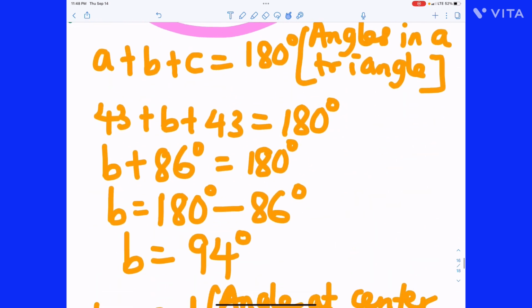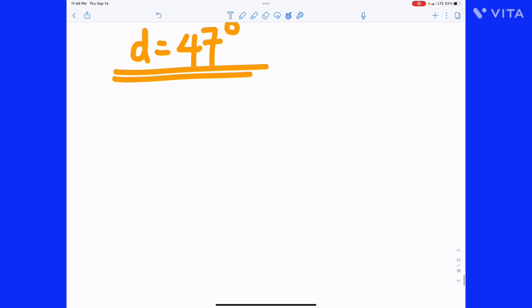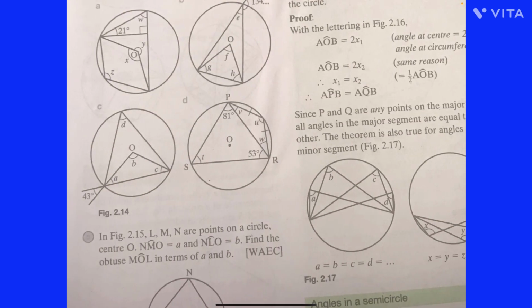D is 47. So that ends question 4C. Let's now go to 4D.